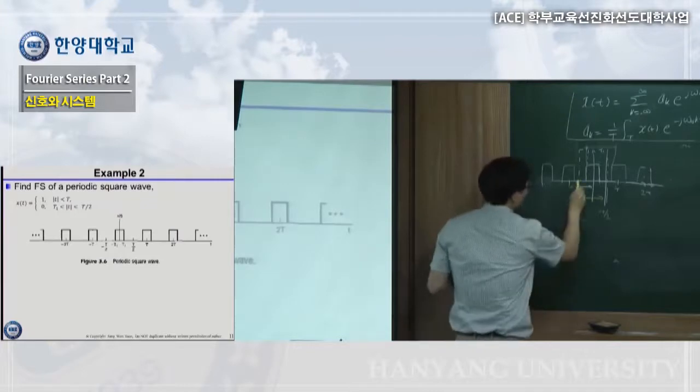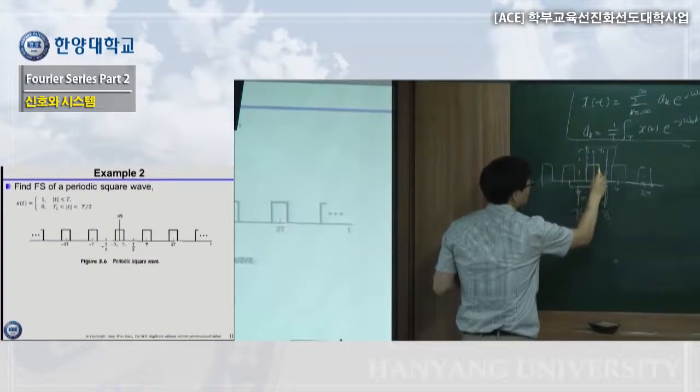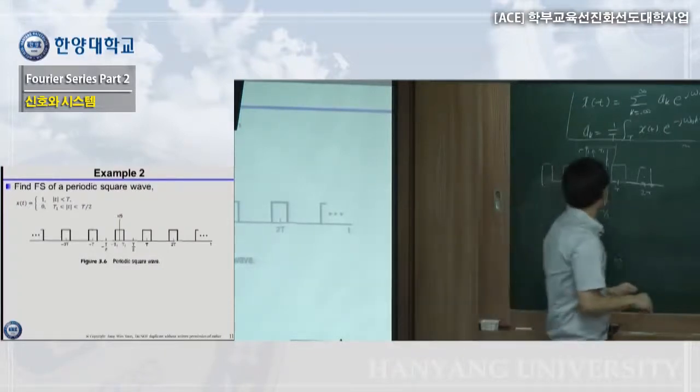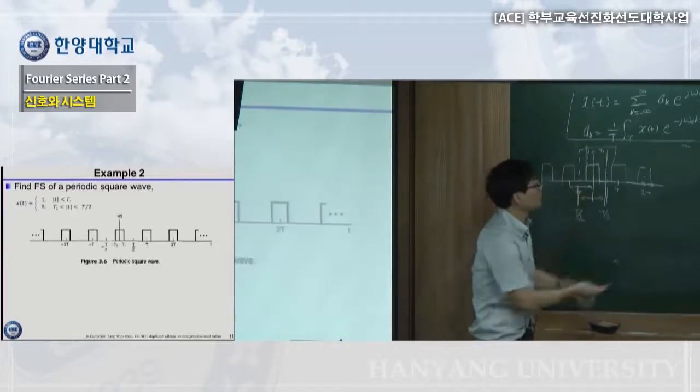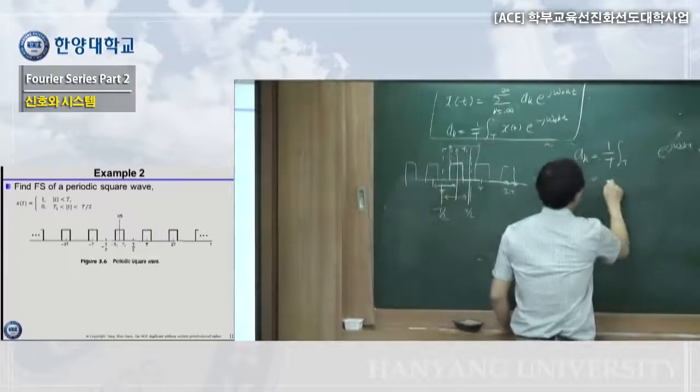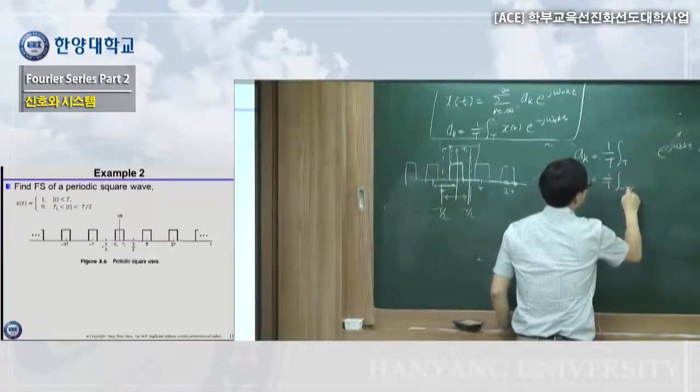So we start from minus T divided by 2, go to here, integrate, and go to here. Let's do that.